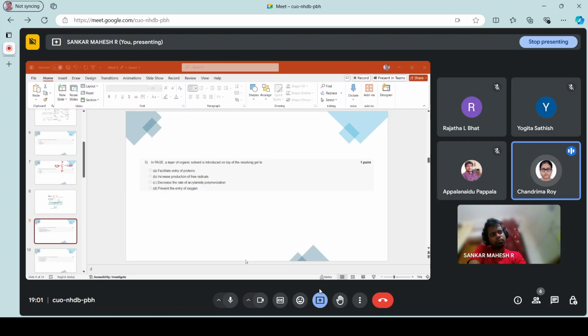We can add butanol or isopropanol. Isopropanol can be. Right. Sir, why not ethanol? You can add ethanol. It wouldn't really affect. Okay, there are a few things you need to consider.